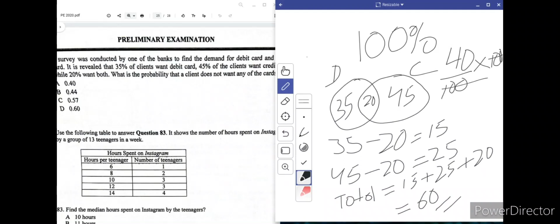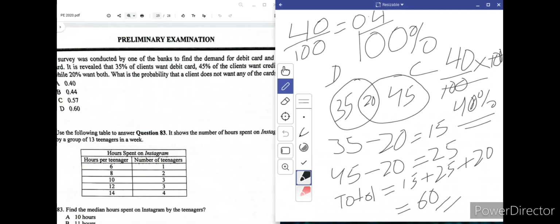So the 100 and 100 cancel, giving 40%. So 40 out of 100 does not want any card, so we get 0.4 or 40%.